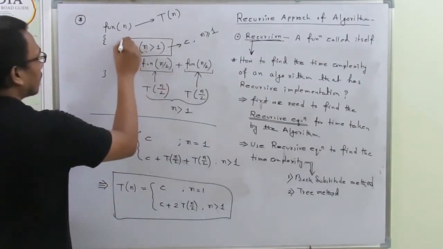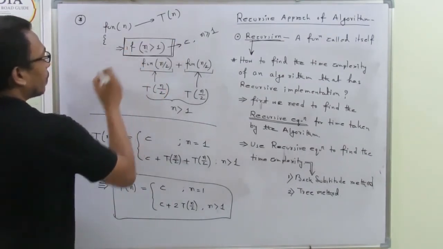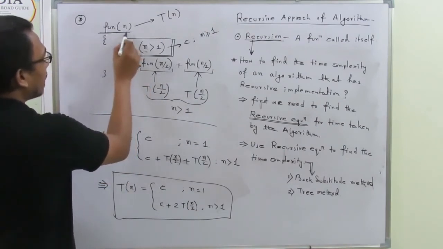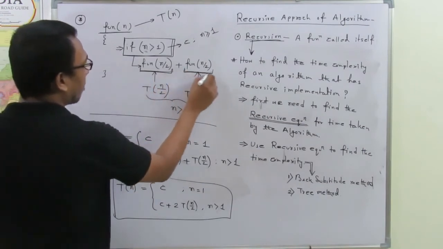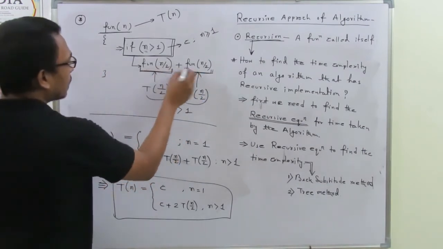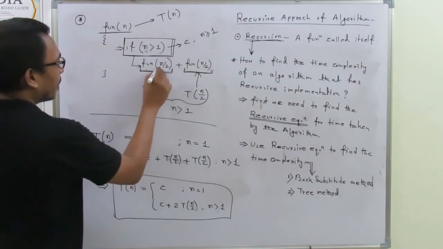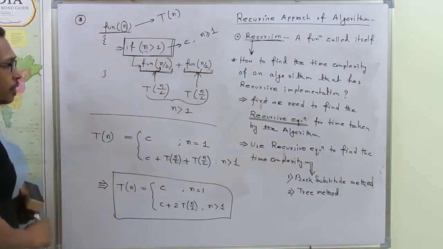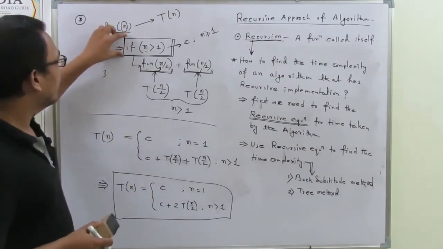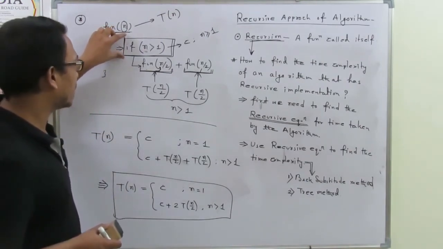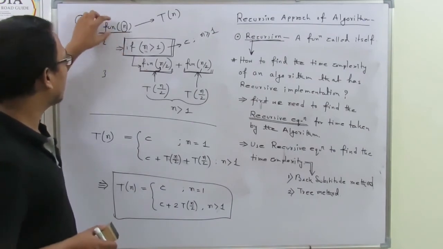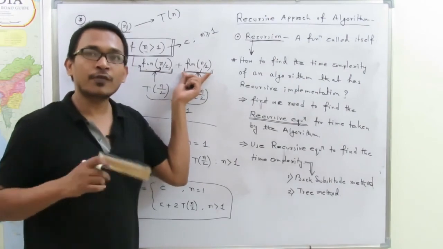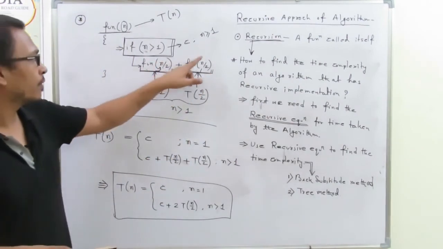With this task we can divide this particular problem into two subproblems, and both of these subproblems have a number of inputs that is half of the original number of inputs. With this constant task, we can divide the given problem into two subproblems with half the number of inputs. Clear?